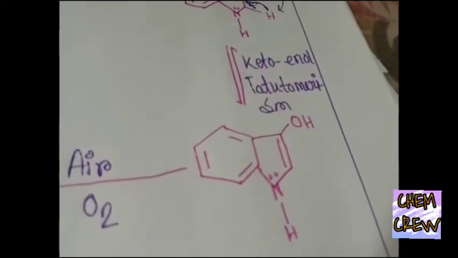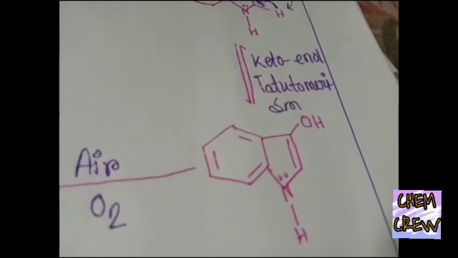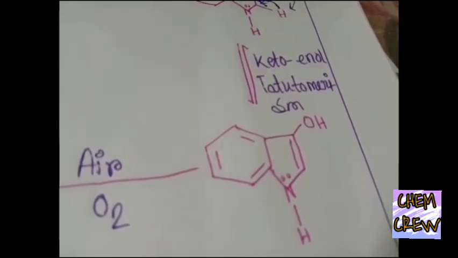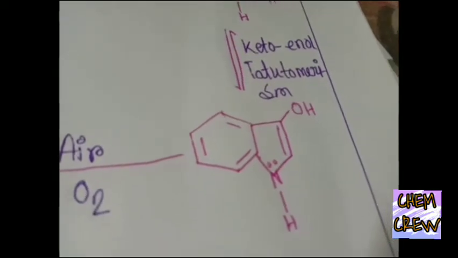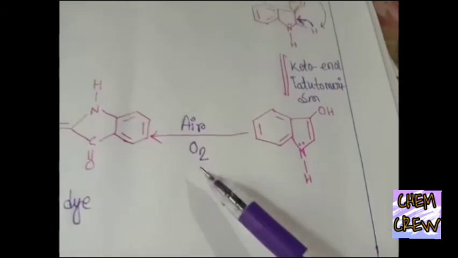And that is how we get the enol product. Now this keto-enol reacts with another molecule in the presence of air and oxygen. Now the respective product is indigo dye.